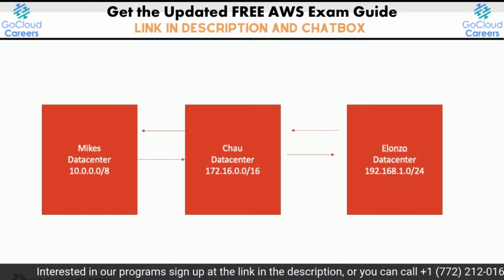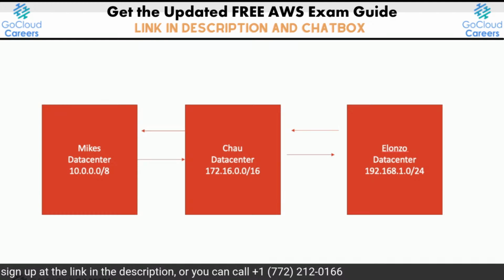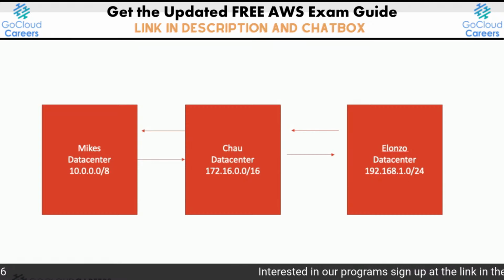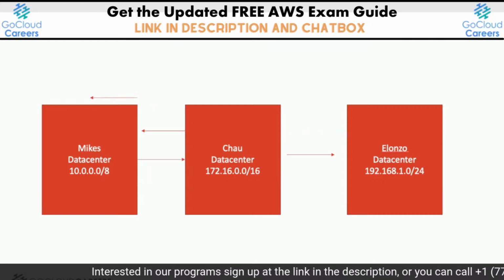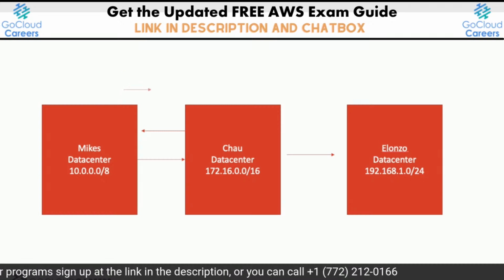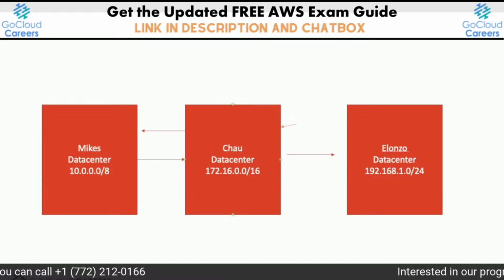In a normal environment, if I connect to Chow, and now Chow connects to Alonzo, I know how to reach Alonzo through Chow. Alonzo knows how to reach me through Chow. So Alonzo's traffic wants to reach me, it'll go through Chow to me, and then I'll respond, my traffic will traverse Chow and go through Alonzo. And we're all happy, right? Because we've got routing.